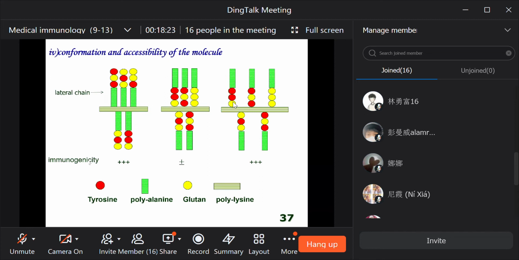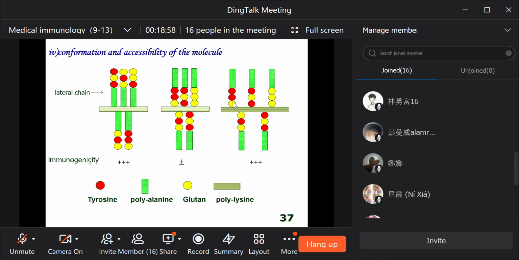Similarly, the right one, even though the cycle structure is inside the molecule, the distance is very far from each other, and so there are enough special structures to be recognized by the immune system.